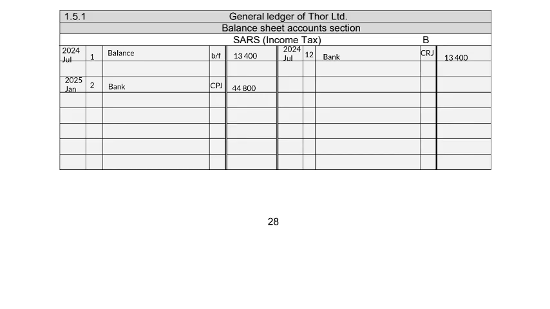Then on the 28th of June, the company paid another 56,400.